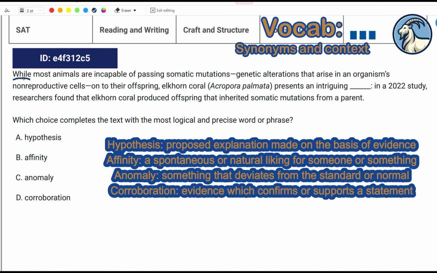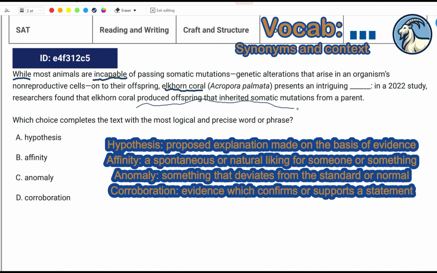So I'm already on the lookout here. Once we get to the actual blank, we realize that incapable goes against this coral's ability to produce offspring.